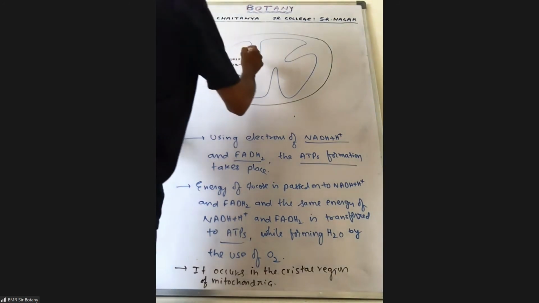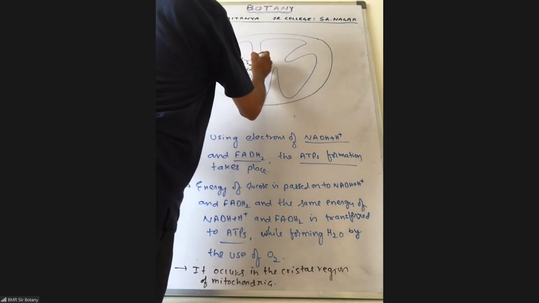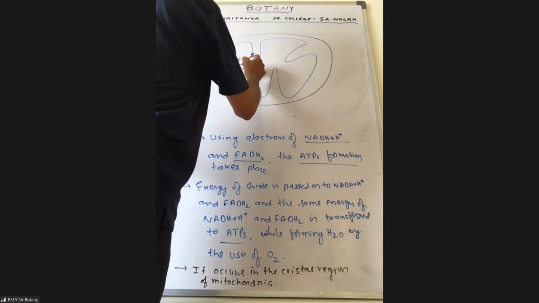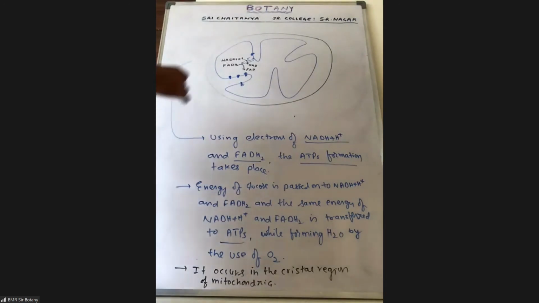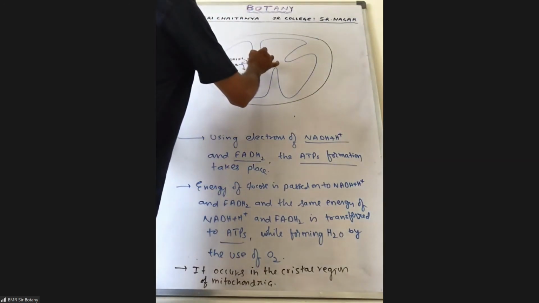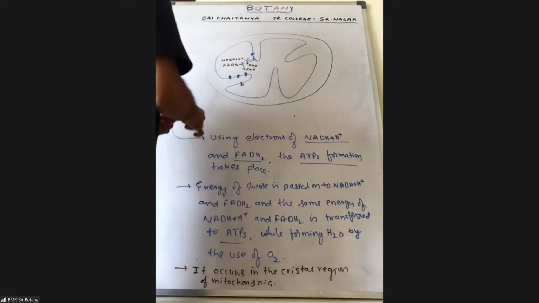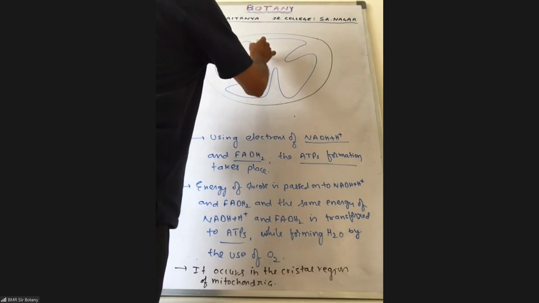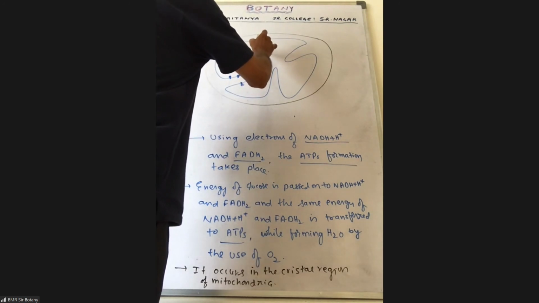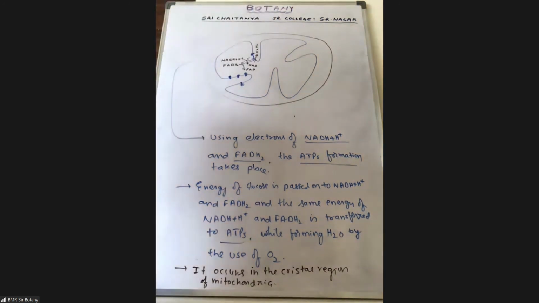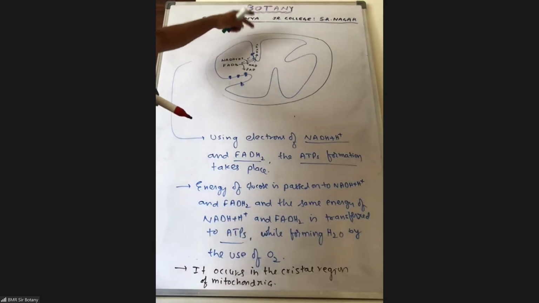The electrons released from here enter the chain. When they are passing through different carriers of electrons here, will be seen accumulation of protons here. So this is going to be proton reservoir.